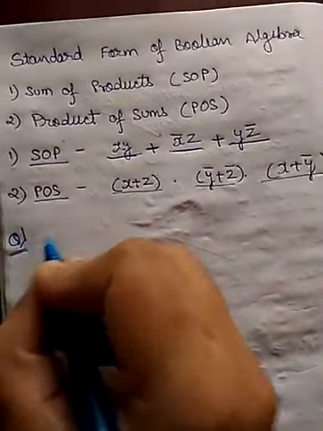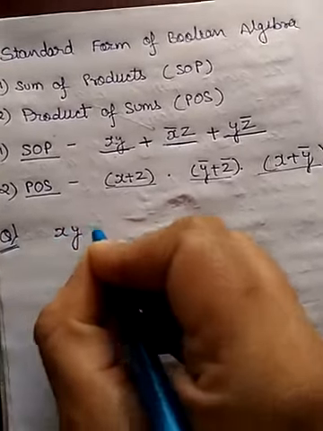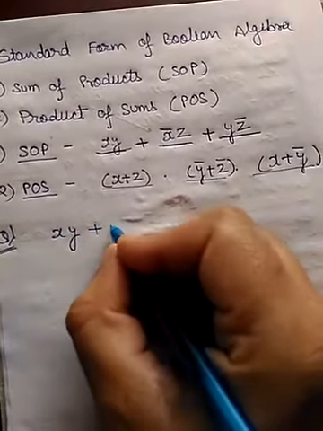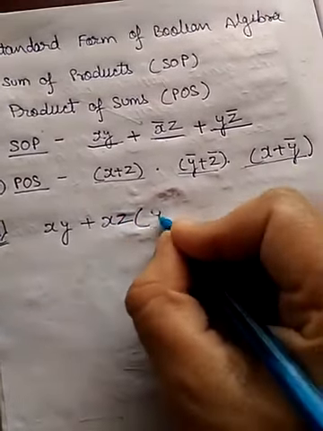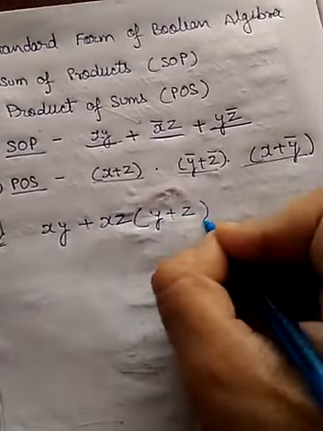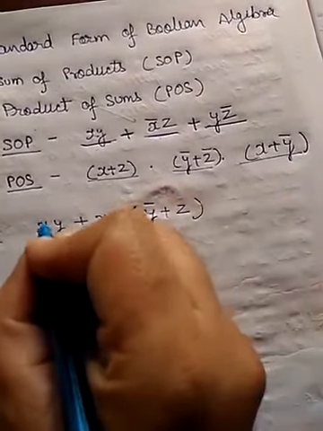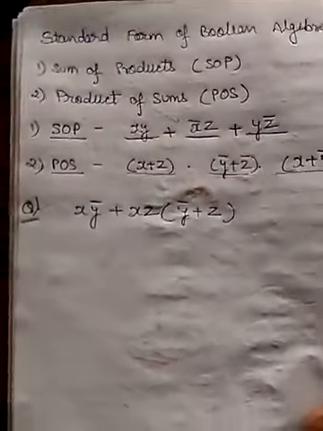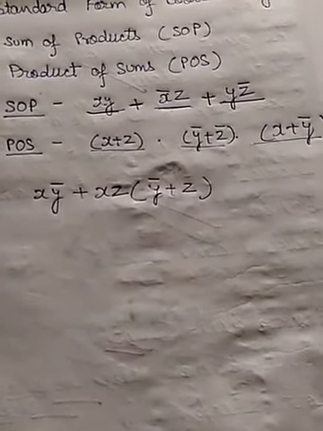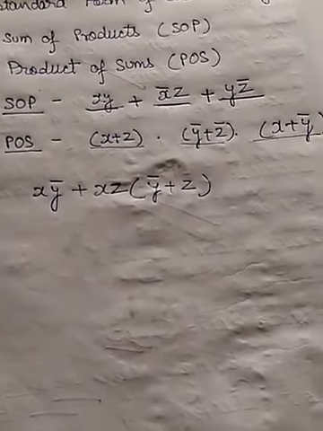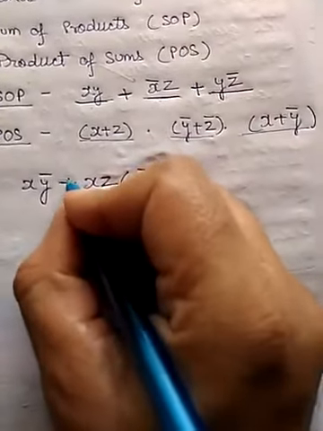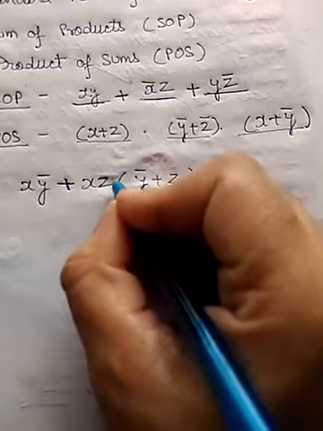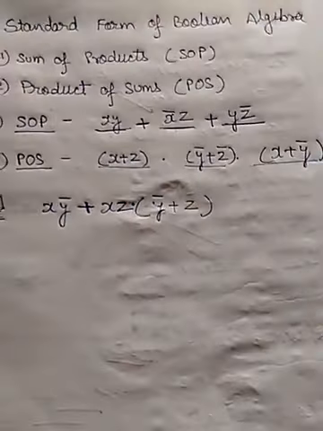Let us see one more question. If I ask you xy plus xz, y plus z, suppose this is the function, and if I ask you, is this in the standard form, then the answer is no. This is not in the standard form, because here you see it is the plus operator here and here it is the multiply.